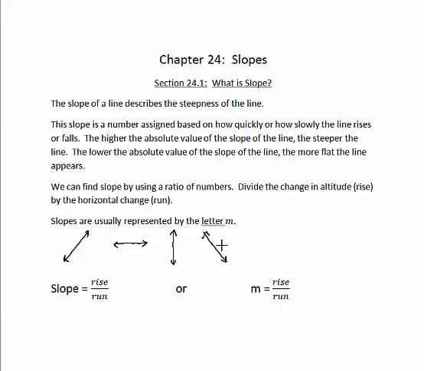Compared to this one, if I wanted to draw one with a less steep slope, I could draw these two. Maybe that last one's not too much different from the first one, but almost flat.